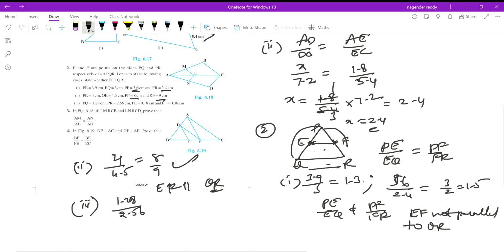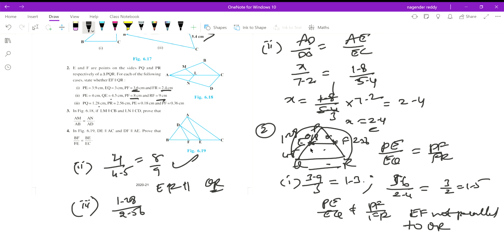Sorry for that, this one is different. PQ is 1.28. Total PQ is 1.28, and total PR is 2.56. And PE is 0.18, and PF is 0.36.